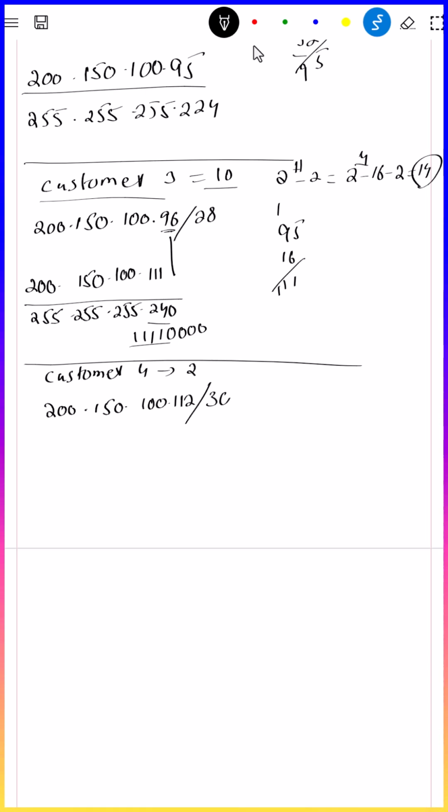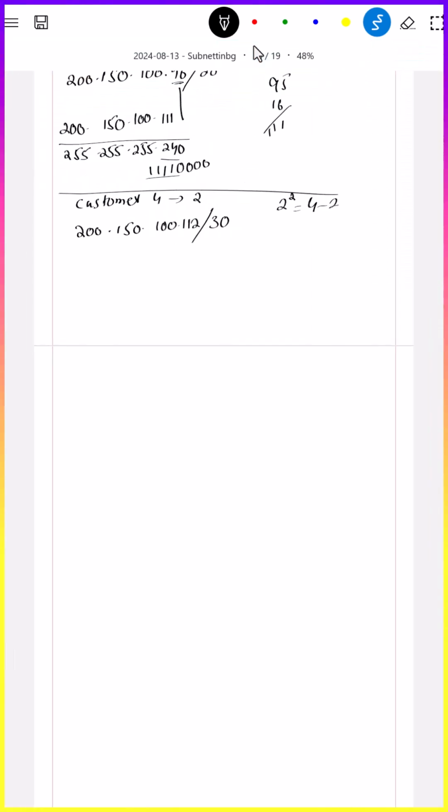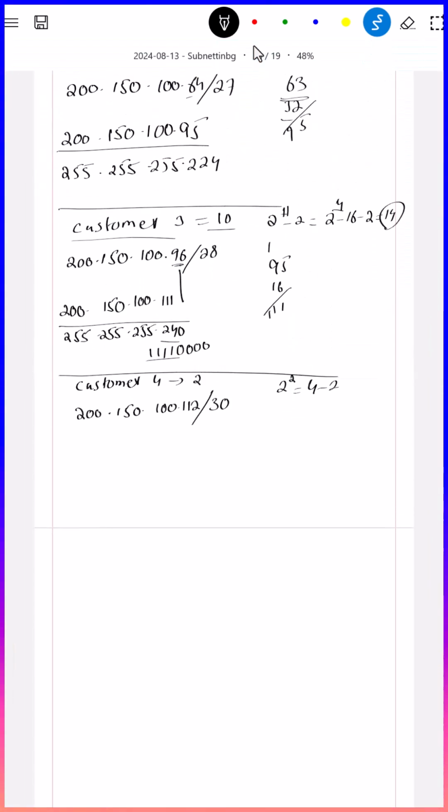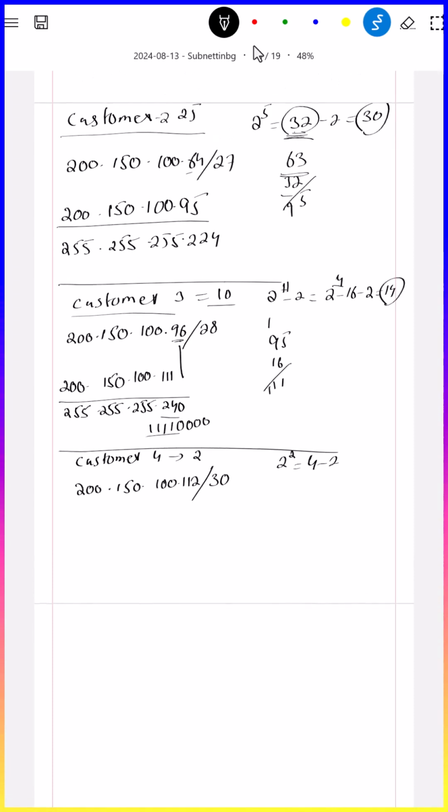Slash 30. Slash 30 means how many host bits are remaining there? 2. So 2 power 2 is equal to 4, minus 2 is equal to 2. So 2 is equal to 2. Okay, our requirement was 2, and we will have 2 addresses.